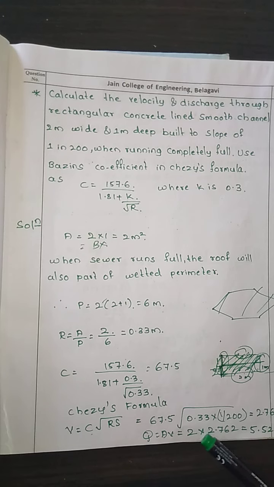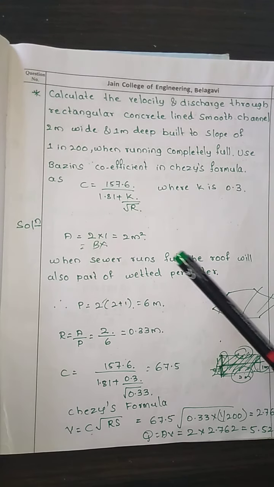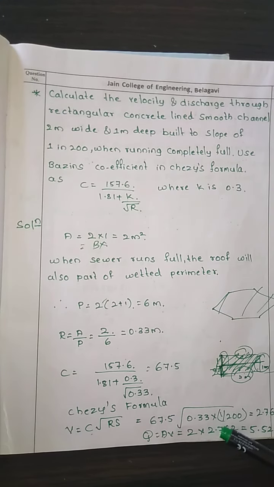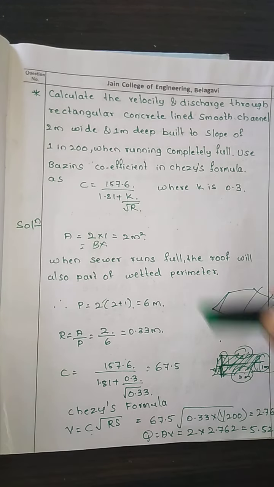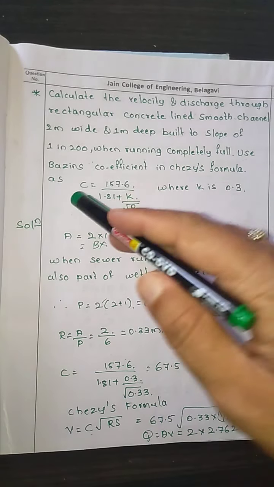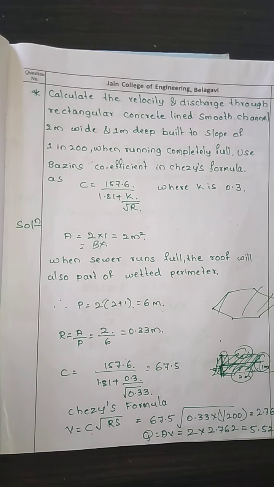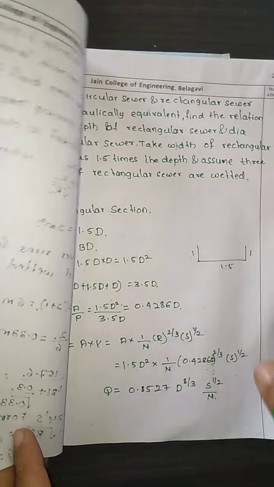Area is 2 meter square, and velocity we have calculated as 2.762, so we have determined the discharge as 5.523 Qmax. Here again you can see, wherever it is flowing full, we are going to use the capital notations, and wherever it is running under half full condition, we are going to use the smaller notations.